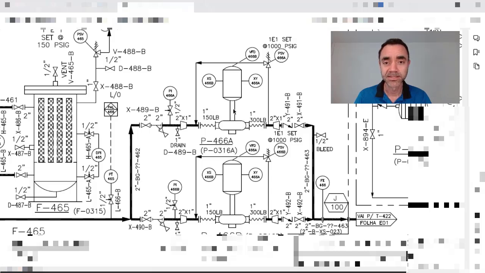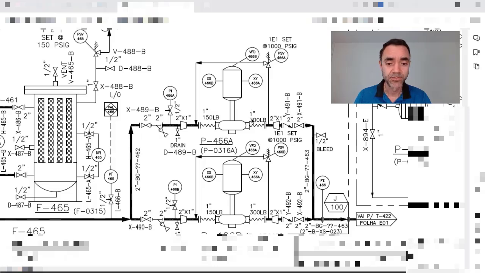And as it is a positive displacement pump, now we have in the discharge of the pump a pressure relief device, or a PSV, pressure safety valve. Why do we have that? It's different from the centrifugal pump. The positive displacement pump will build pressure up to the system's limit.